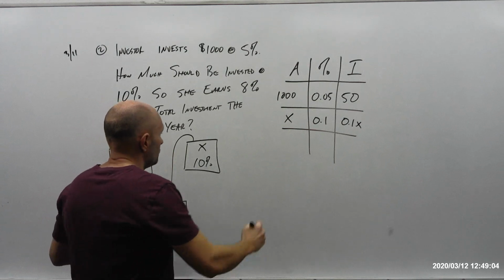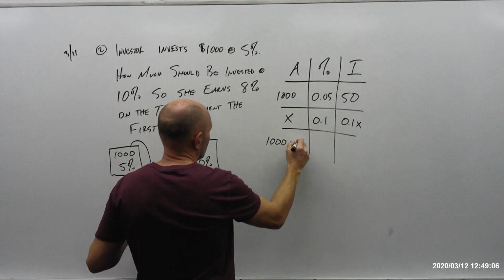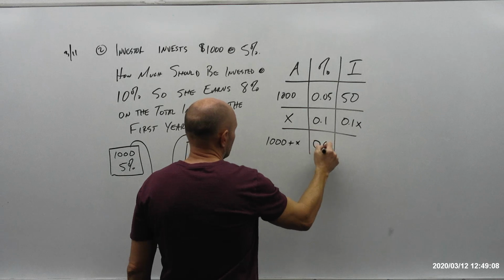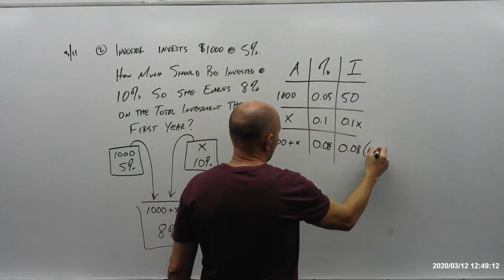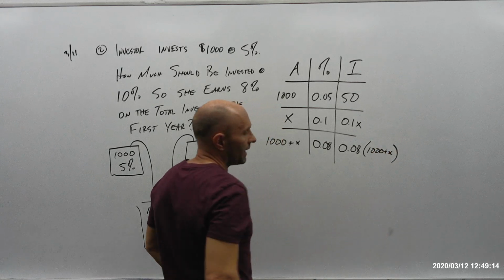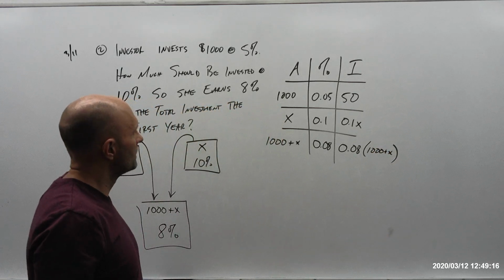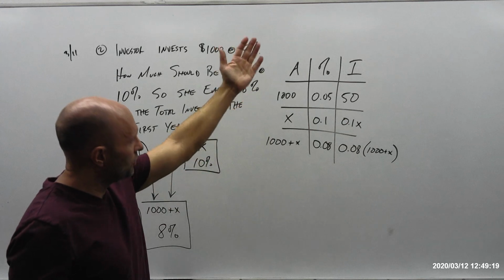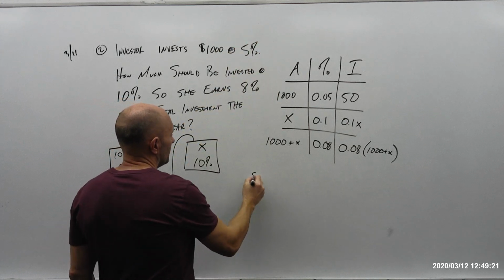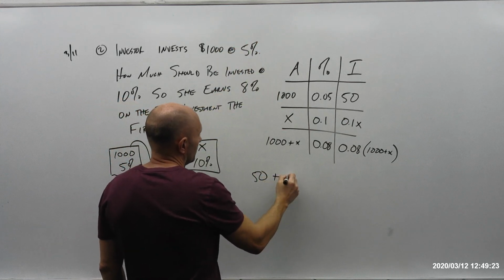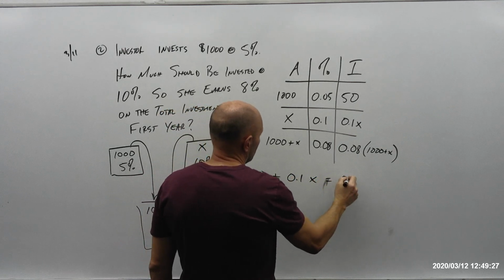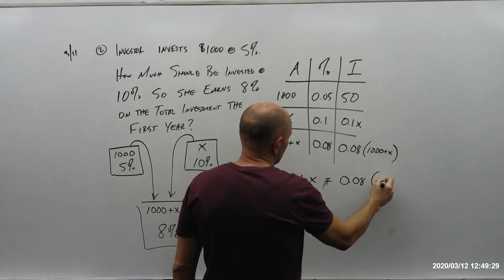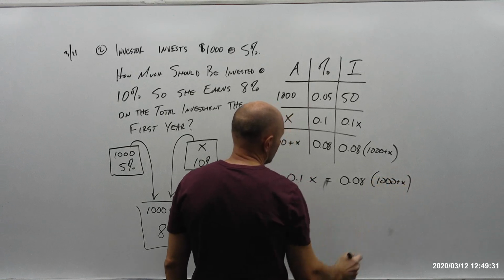And lastly, 1,000 plus x times 8%, 0.08, so 0.08 times 1,000 plus x. So we only have one unknown, so we only need one equation. So we have 50 plus 0.1x equals 0.08 times 1,000 plus x.